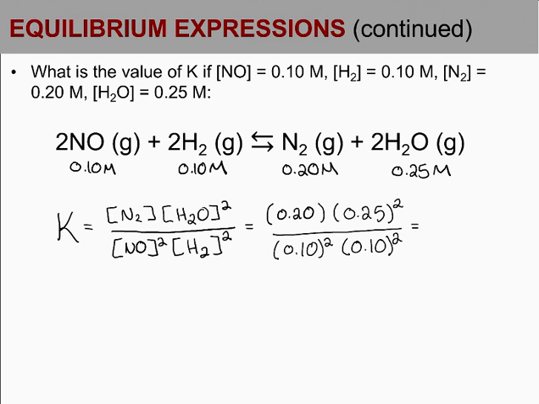So when I plugged this into my calculator, I got a value of 25. And I think my math was correct, but you can always let me know if I did something wrong. So equilibrium constants can have a wide range of values. It just depends on that ratio of products to reactants.